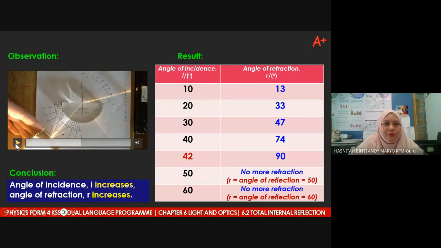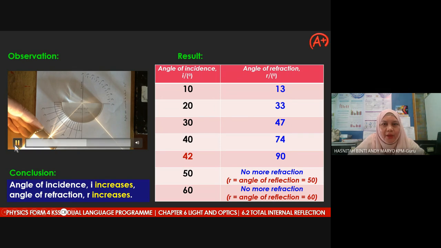And then when we increase to the next angle, at 41 degrees you will see that the angle of refraction will be exactly at the border, where the angle of refraction is 90 degrees.